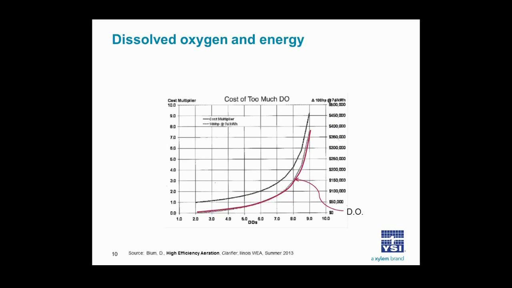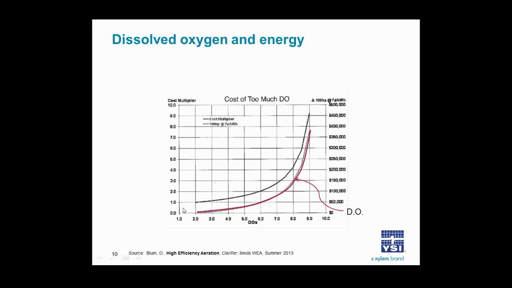From an energy perspective then, other incentives for minimizing DO concentration are shown by this chart, which shows again the DO concentration on the horizontal axis, the cost on the vertical axis. On the left side is a cost multiplier. So for instance, for the DO curve here in red, at 2 milligram per liter, there would be no additional cost to provide that oxygen to maintain that 2 milligram per liter.